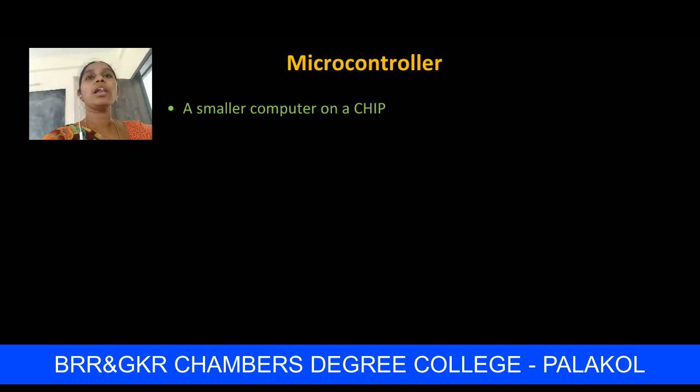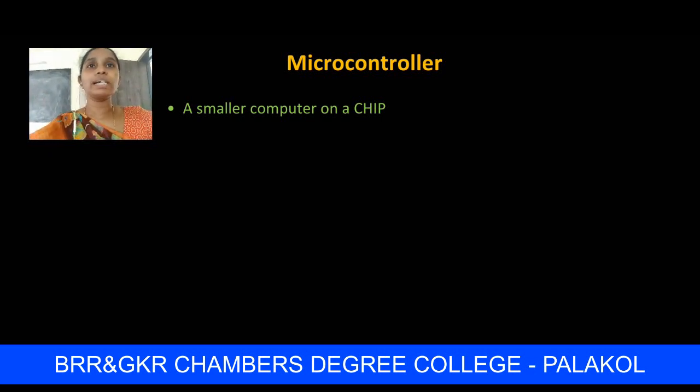Now microcontrollers. What is meant by a microcontroller? A microcontroller is a small computer on a chip. That means another name for a microcontroller is a single chip small computer. Why? Because the microcontroller has an internal memory.